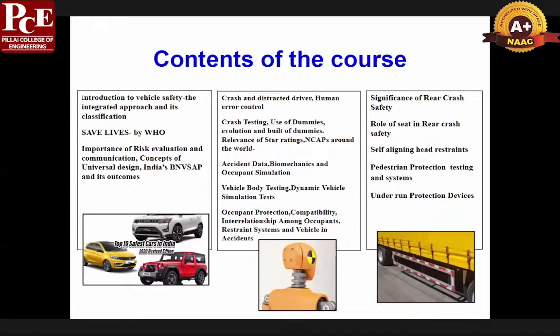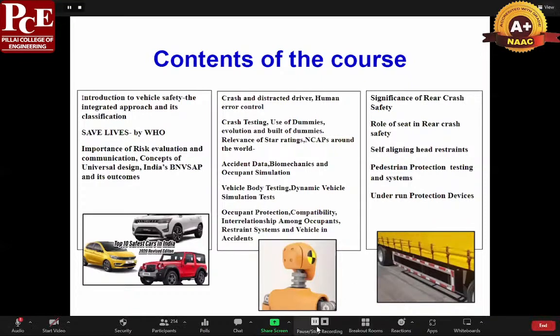The reason is, as I just talked about the WHO campaign to address vehicle safety, very close to that, back home here in India, we have now started adopting the Bharat NCAP, the Bharat New Vehicle Safety Assessment Program. This is a program which mandates that every car manufacturer will subject their cars to a certain minimum number of crash tests in order to assess the safety of that car.